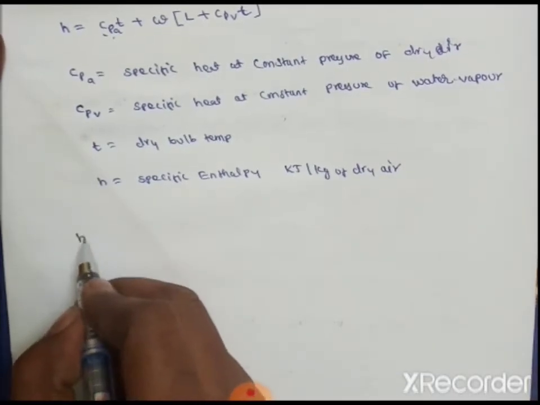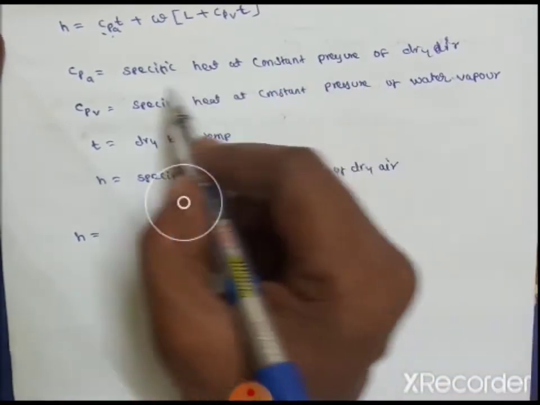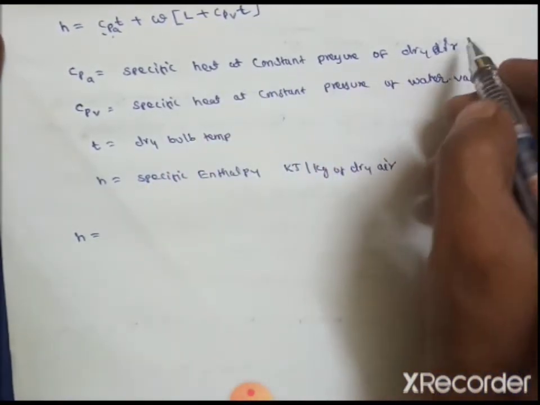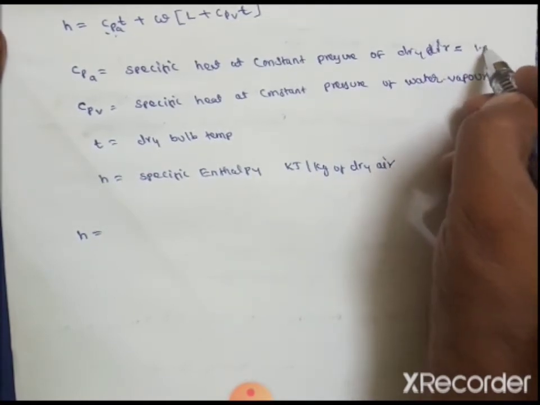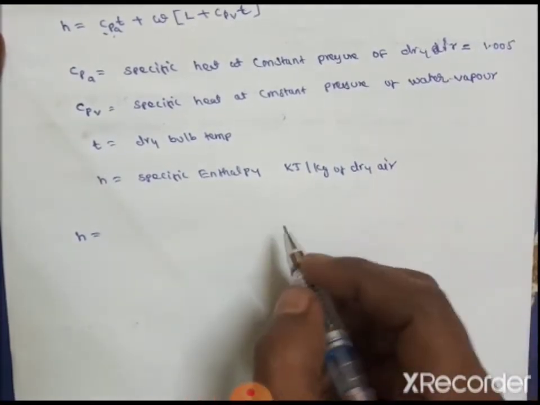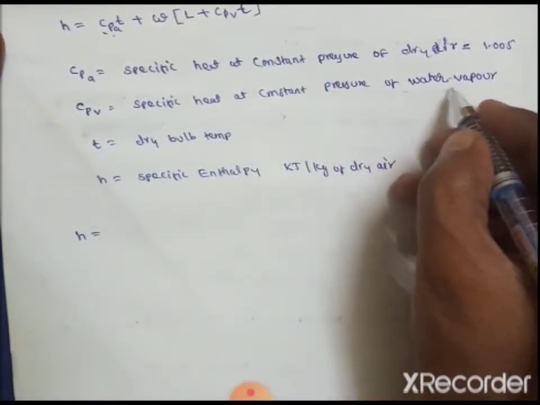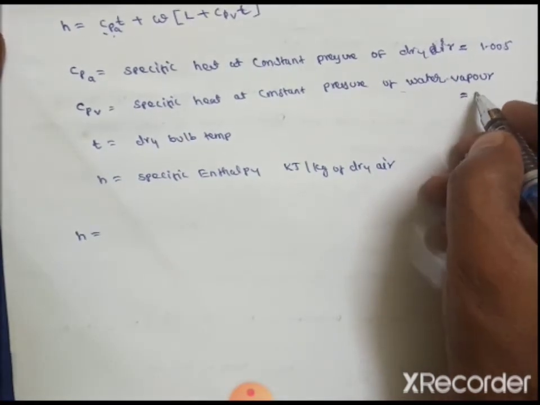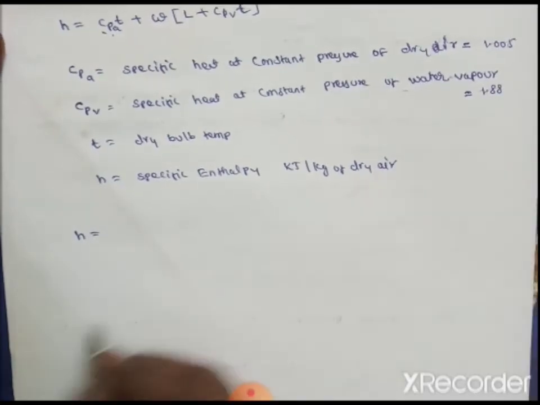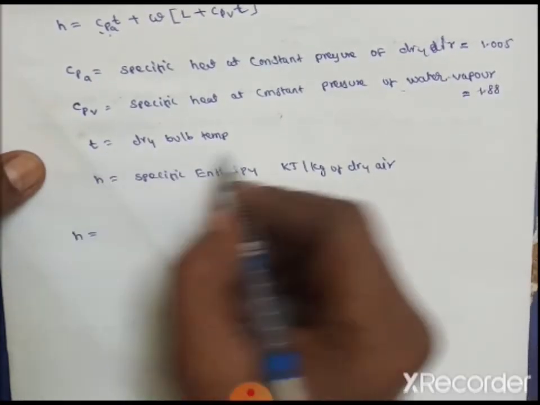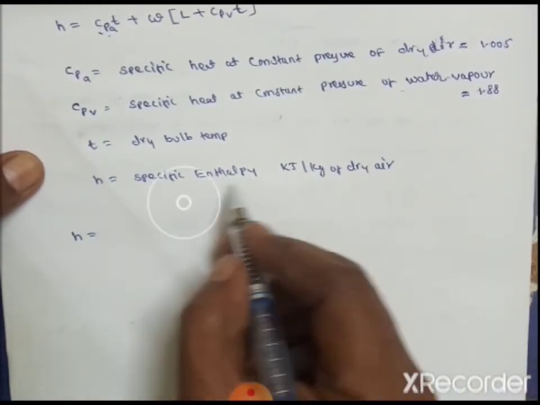H is equal to Cp, the specific heat at constant pressure, which has a value of 1.005. The specific heat at constant pressure for the water vapor is equal to 1.88, multiplied by the dry bulb temperature in degree centigrade.